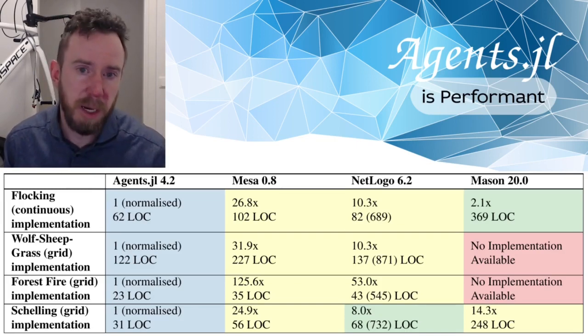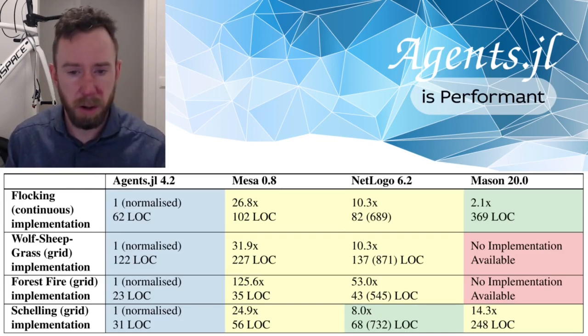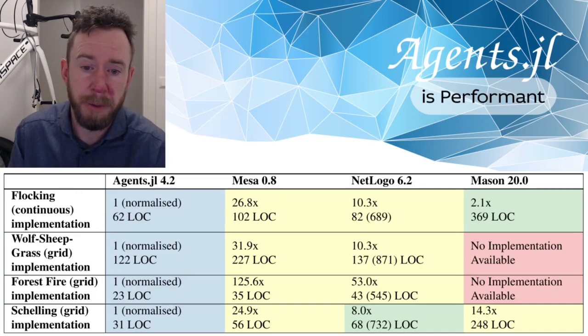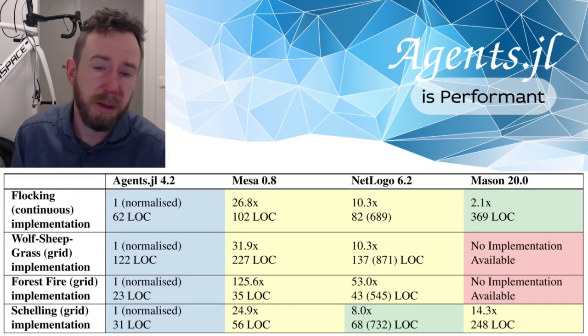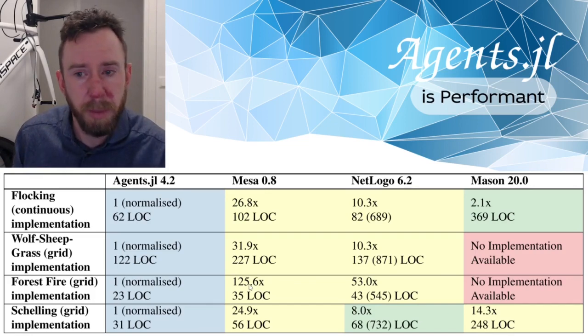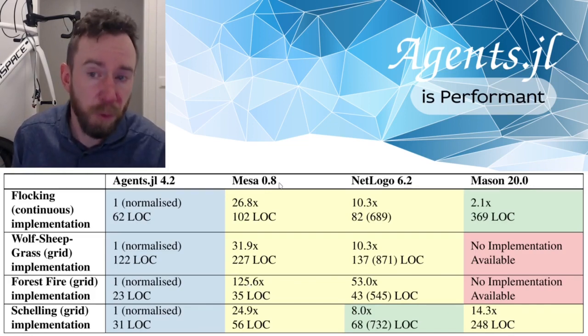This generally needs to be only dumb parallelized if you need to run multiple different models. You generally need to run this on a single core. And so when you're expanding to such large properties, some of these runs can take days. So a 125 times speed up in that particular instance is a no-brainer that you want to use a performant framework.